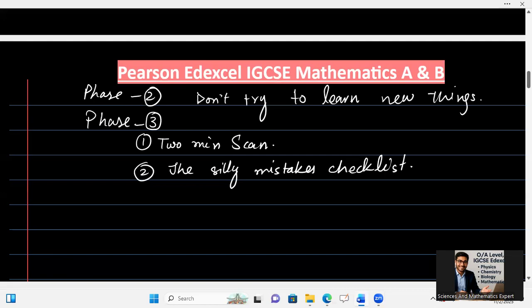Before you finish any question, do a quick mental check, and this is the most crucial last minute revision you will do. First of all, units: have I included them, like centimeter, kilometer, kilometer per hour, like in a kinematics question. Accuracy: is the answer to three significant figures or to one decimal place?